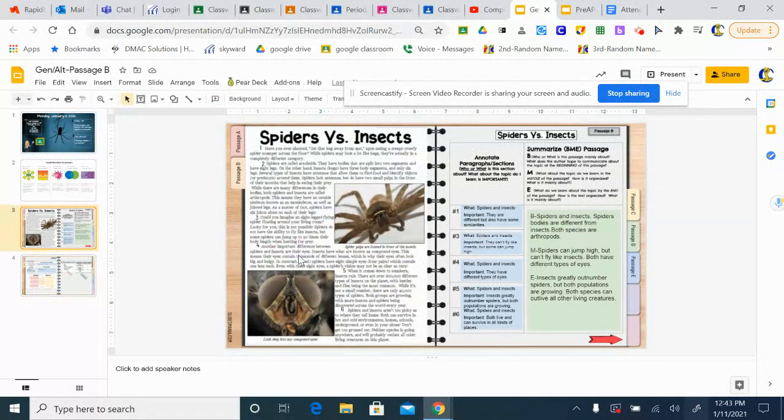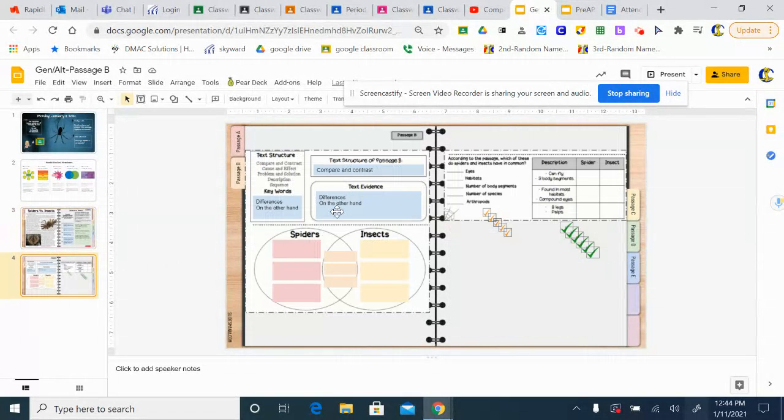Okay, if you also go back right here in the second one, it says, while there are many differences in their bodies, both spiders and insects are called arthropods. So you see that word both. So both would be another word to show how they are the same. Okay, so you can type in here the word same as another text evidence.